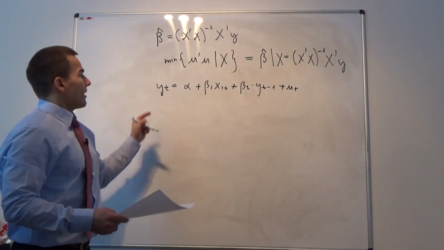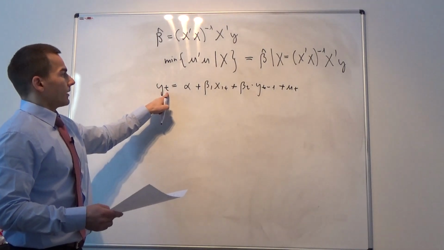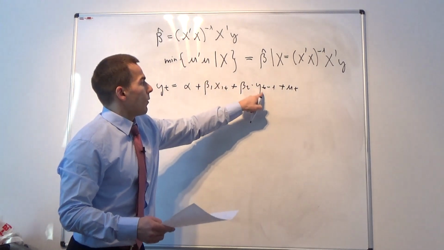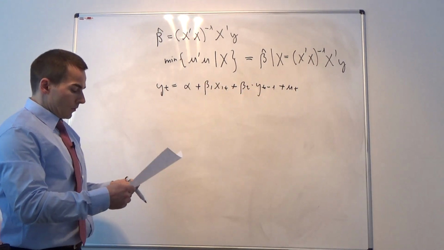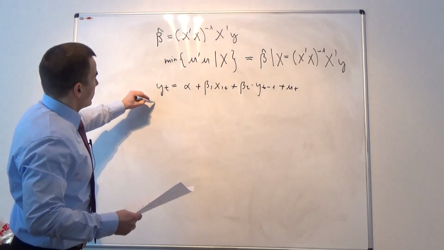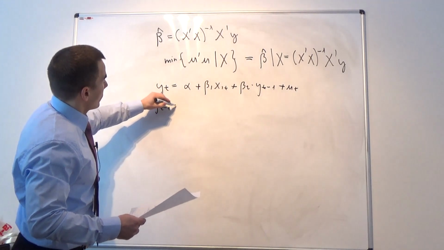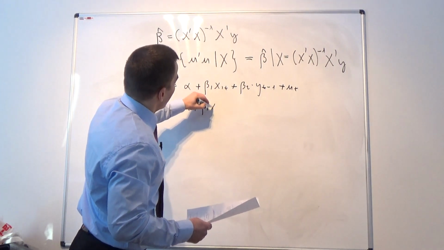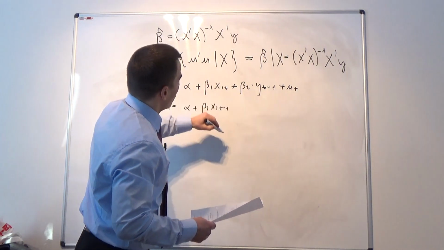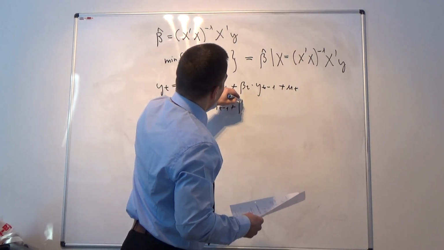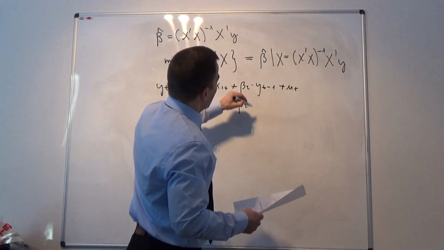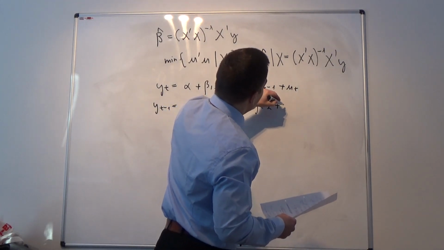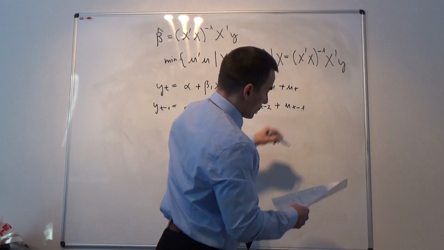You see, we have a lag term from the left-hand side in our regressor set, our yt minus 1. So what's our yt minus 1? Well, it's alpha plus beta 1 x1 t minus 1 plus beta 2 times yt minus 2 plus ut minus 1.